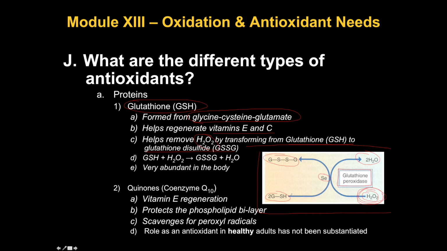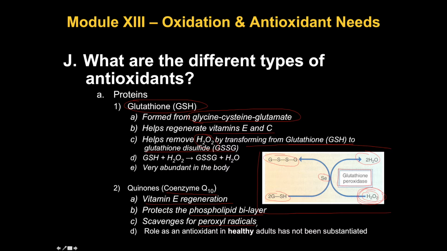So we also have quinones, the most common one that you may have heard of being coenzyme Q10, and this is involved in vitamin E generation. It's also protecting the phospholipid bilayer, and it scavenges for the peroxyl radicals. Now, in the literature, you'll notice that there are some mixed results as far as coenzyme Q10.